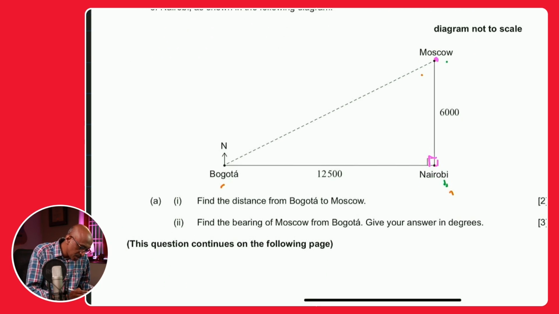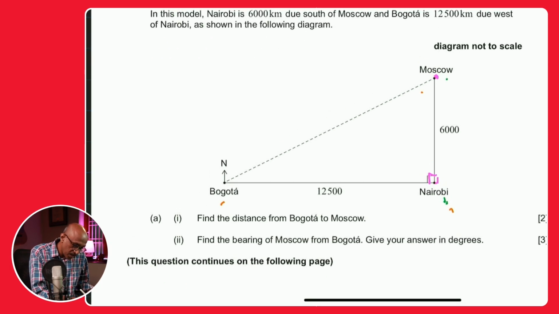Now find the distance from Bogotá to Moscow. Clearly this is a right-angled triangle, so the distance is just the Pythagoras hypotenuse. Then find the bearing of Moscow from Bogotá. You have to draw it from the north to the line joining Bogotá and Moscow.